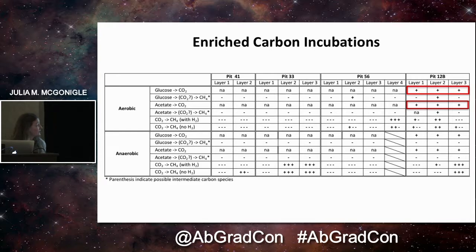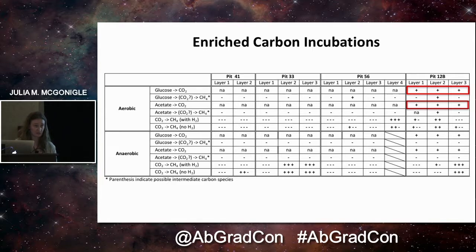And I think a similar story is happening with acetate right here in pit 12B. Some methanogens can directly use acetate to make methane. However, I don't think that's going on because if we look at the anaerobic ones down here with acetate, there is no methane production.